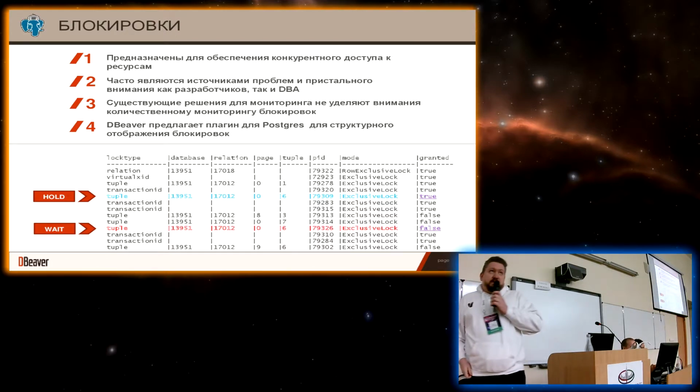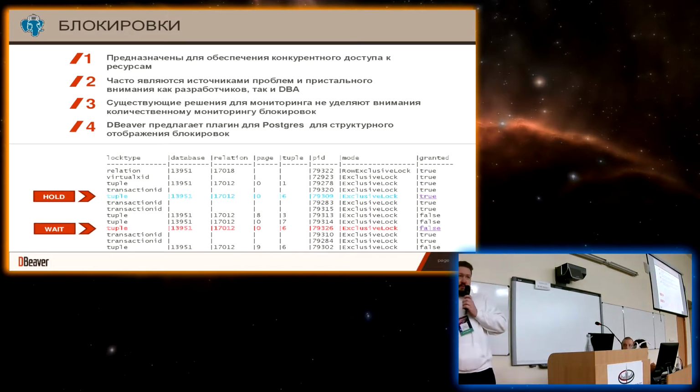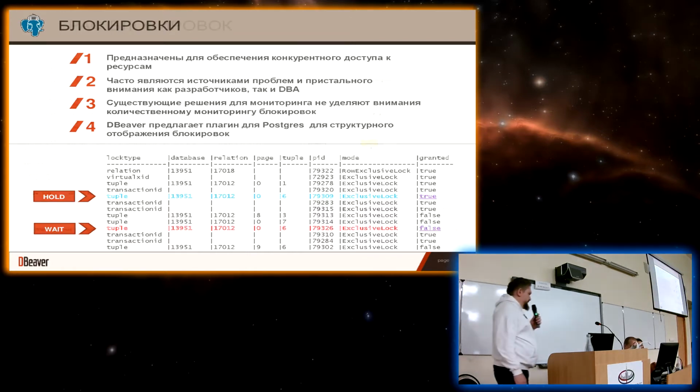Here you can see, for example, in one of the lines, the lock corresponding to 17.012, and in red you see the pending process for the same object.